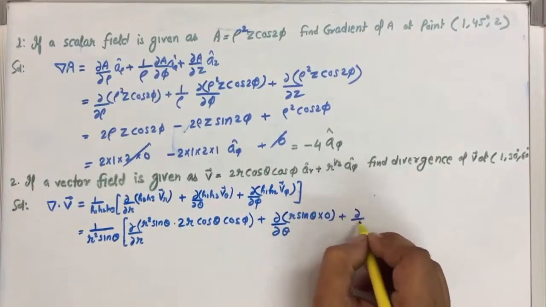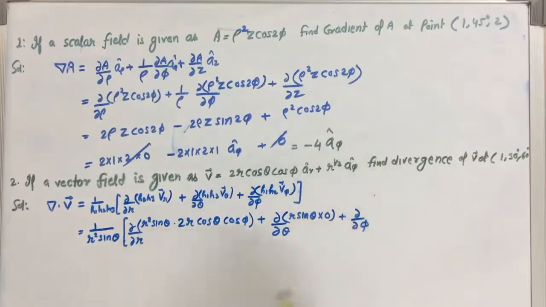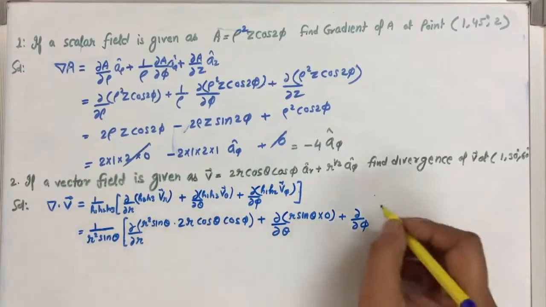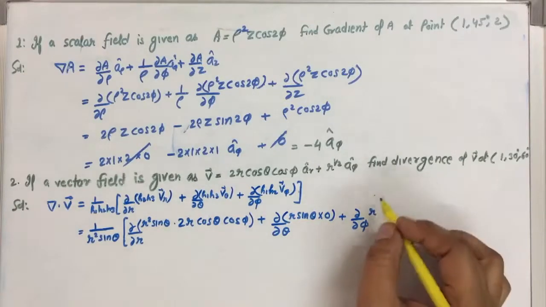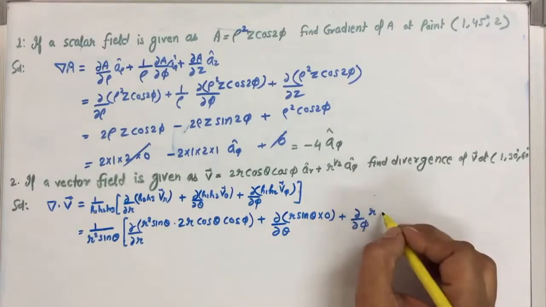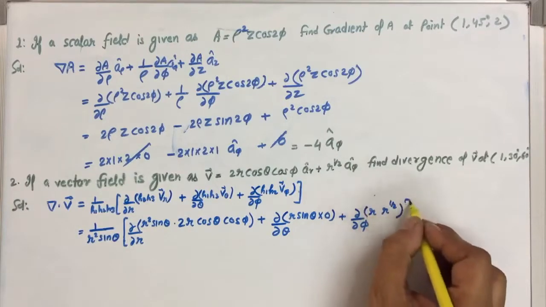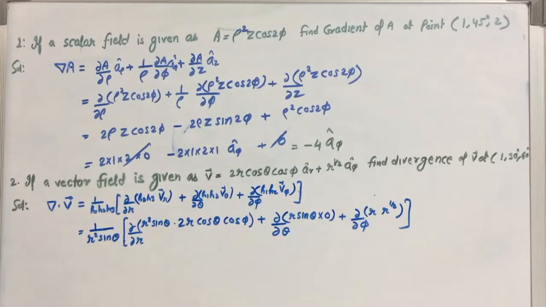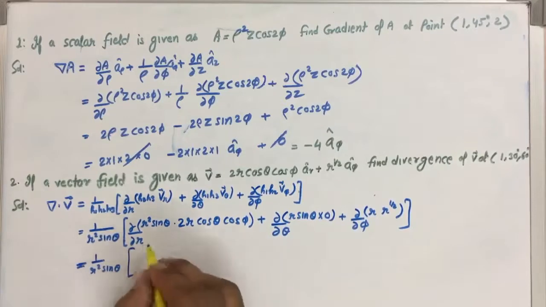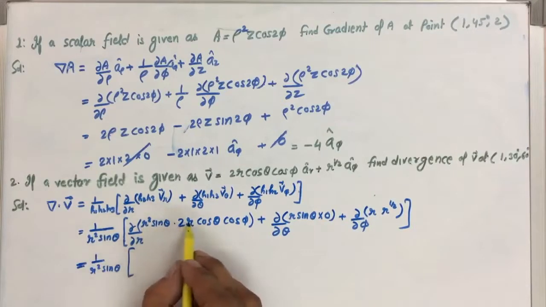Plus del over del phi, and in that case h1, h2 will be there. h1 is 1 and h2 is r. A phi will be r cubed by 2. Hope that is okay. Now differentiate and find the final value. 1 by r square sine theta. This will give you 2r cubed.